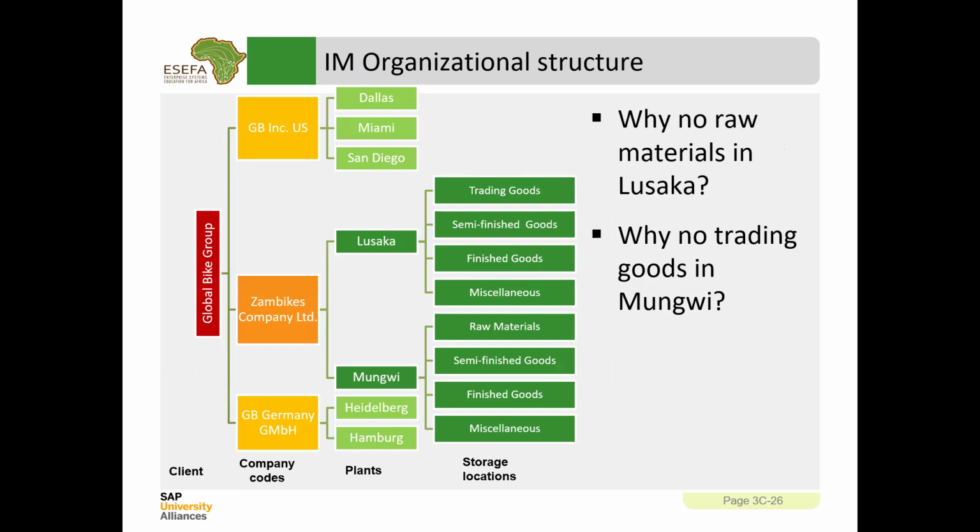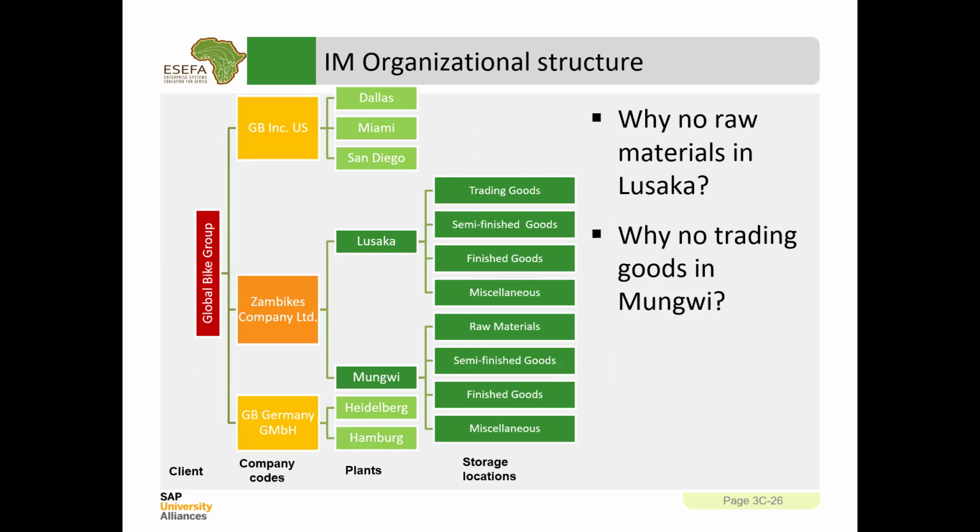For the Zambike case study, let's expand more. Lusaka has 4 storage locations: for trading goods, semi-finished goods, finished goods, and miscellaneous. Mungwi has storage locations for raw materials, semi-finished goods, finished goods, and miscellaneous.